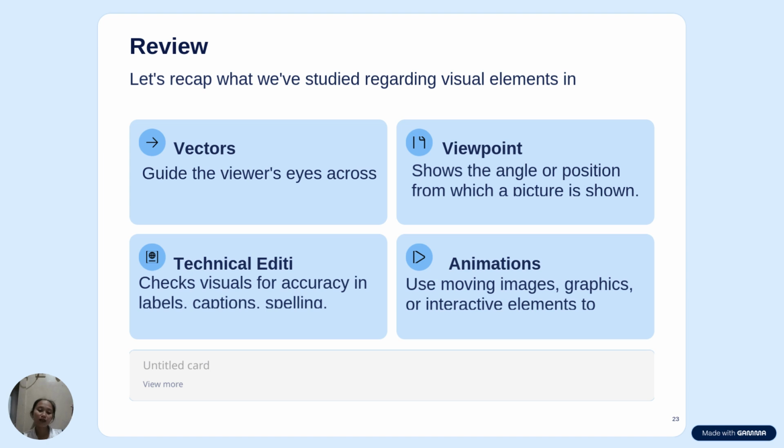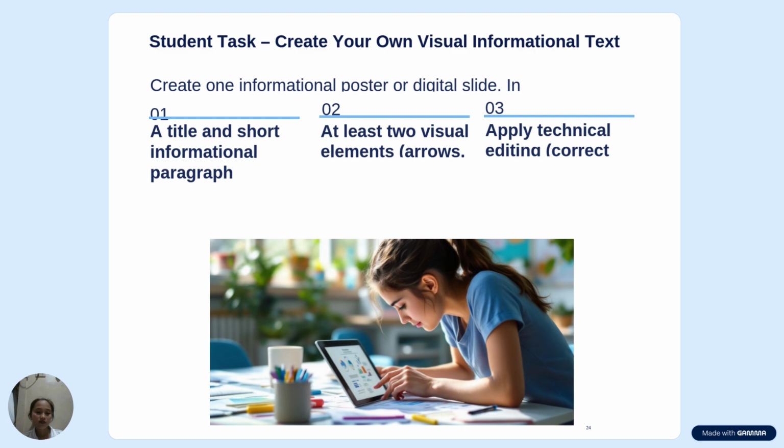So nganong importante man nga naa ni silang upat? Again, it is because it will help us in applying our own informational text. So since I've already tackled everything here, we have a student's test or activity. So here, you need to create your own visual informational text.